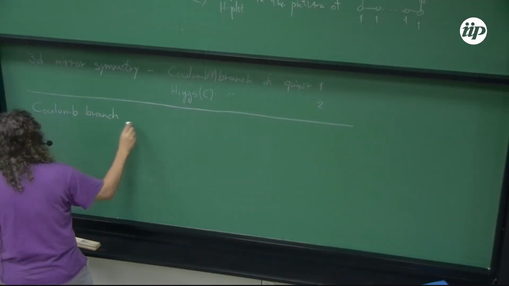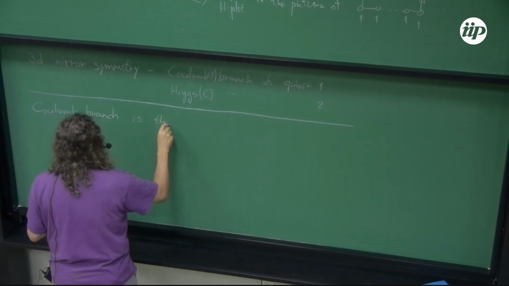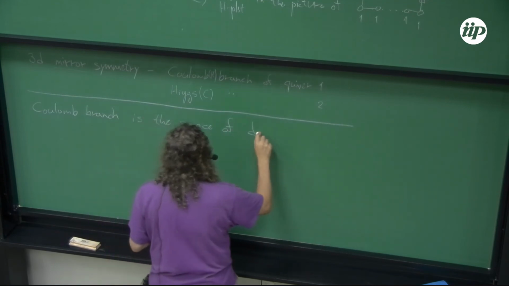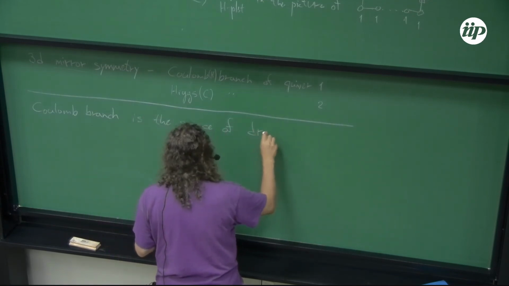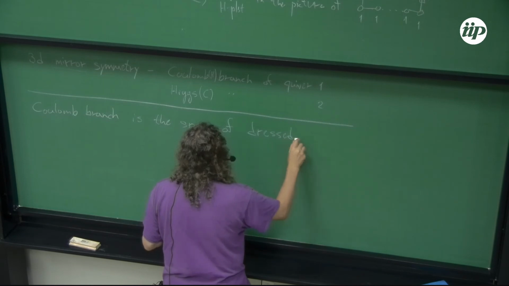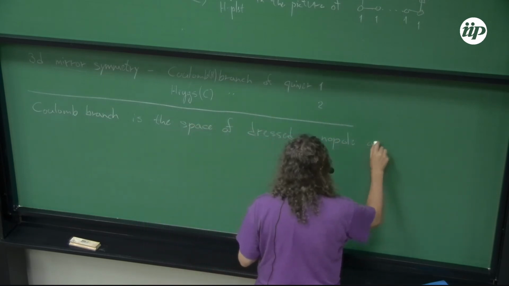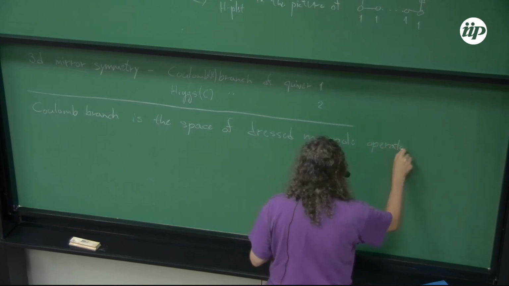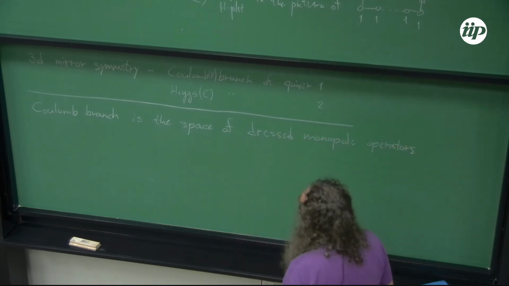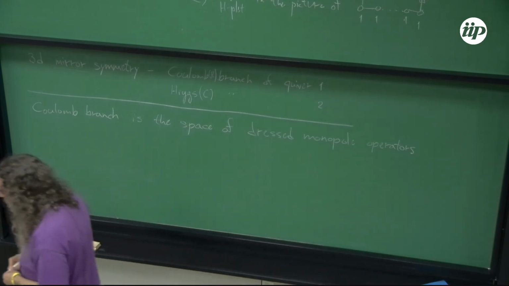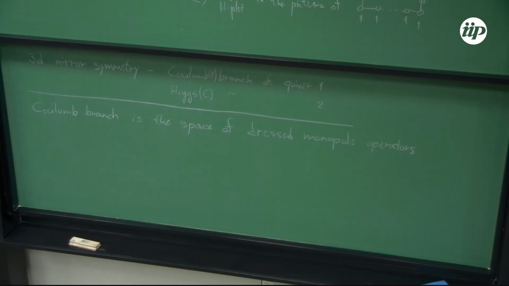So the Coulomb branch is the space of dressed monopole operators, and I need to explain what I mean by this, right? The reason we were able to derive the Higgs branch in a relatively simple way is because it's a classical moduli space.